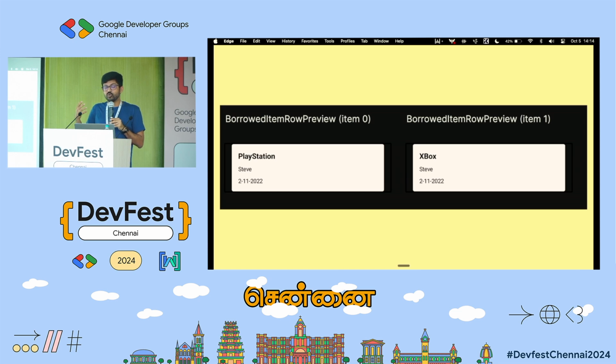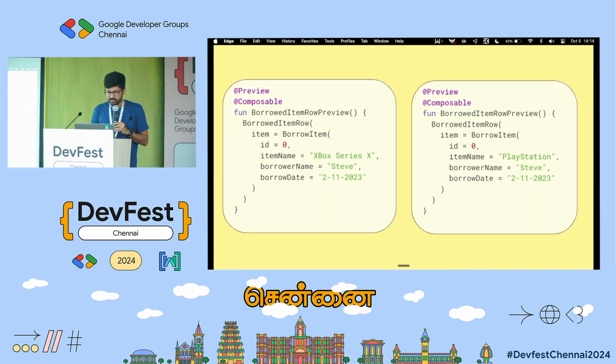Wouldn't it be easier if you had one preview, but you had the way to provide a data generator, and the preview would give you a new preview for every iteration of the data set? This is a small example, so I have 2 iterations with 2 data sets. Normally, you could write 2 previews with slightly changed data, but since it's small text, it can work. If there were 3, this would get slightly more complex.